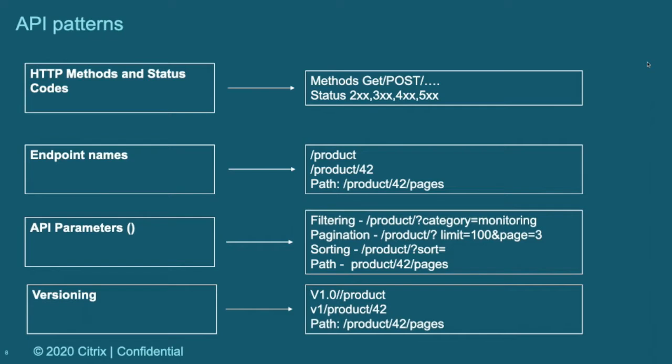And then, of course, versioning is another aspect which can be embedded into an API endpoint name specification. For example, v1/product/42. And this information can be very handy too, for driving your traffic to the respective version of your backend.